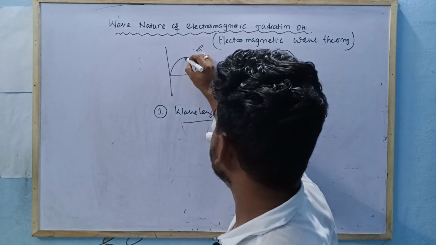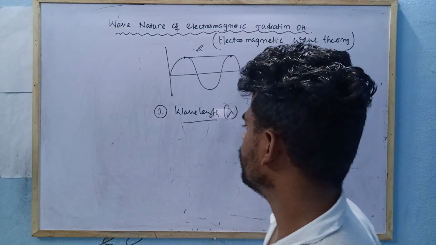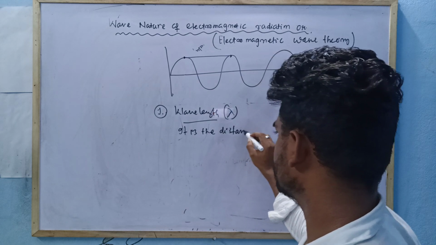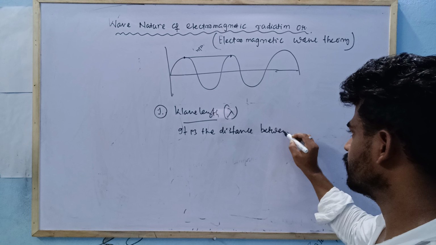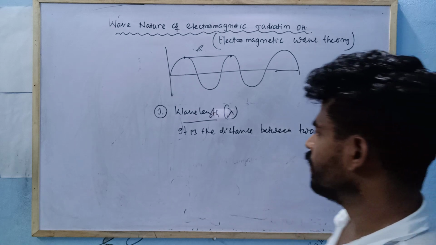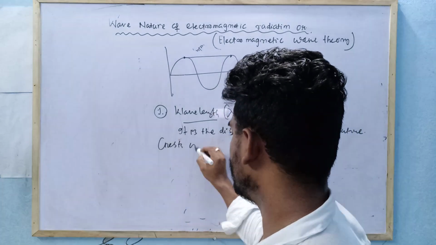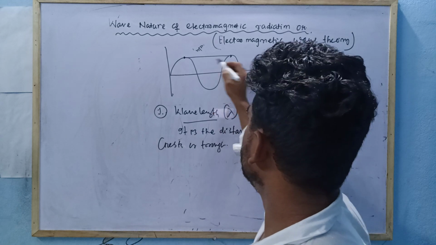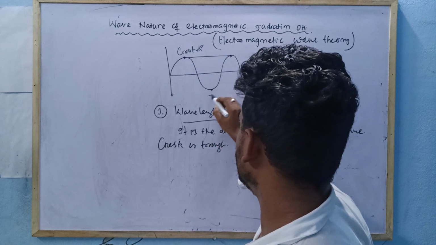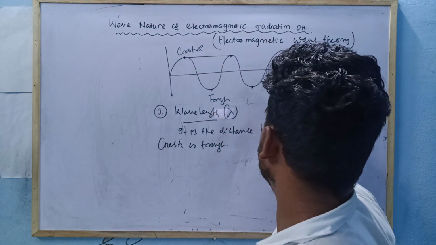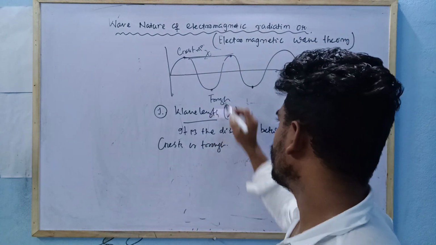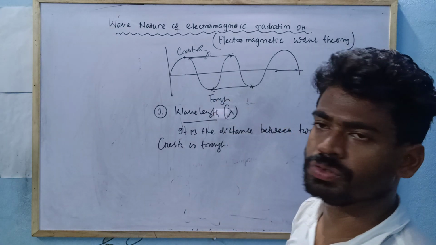It is nothing but the distance between two consecutive crests, or two consecutive troughs. These are crests and these are troughs. So lambda is the distance between any two consecutive crests, or two consecutive troughs.